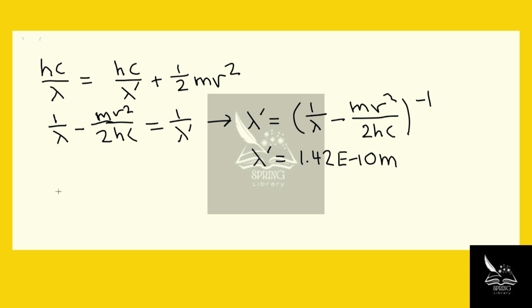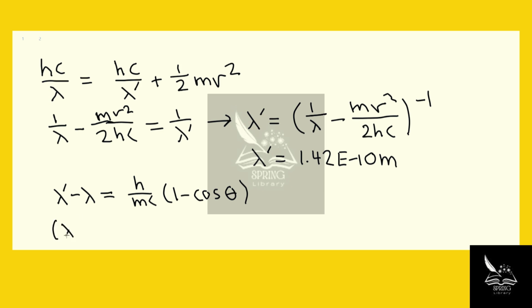Now that we have this lambda prime, we can look at the Compton scattering equation. We can say lambda prime minus lambda, which is the change in lambda, is equal to h over mc times 1 minus cosine theta. We just need to find theta at this point. So we can do a little bit of algebra.